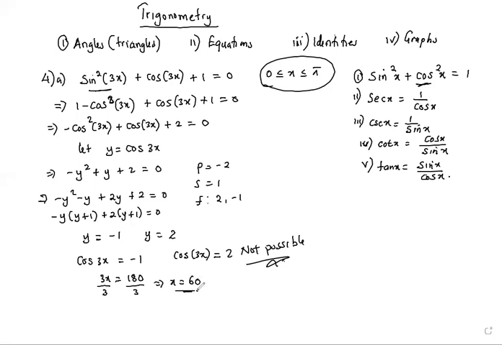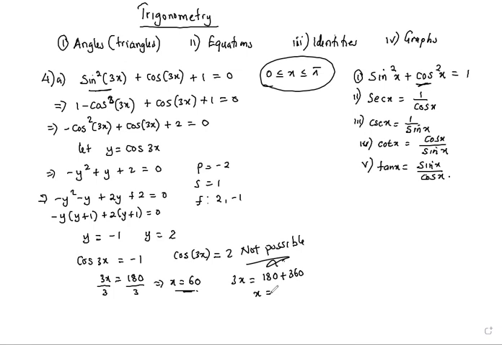So we still have room. You can actually get another angle that is coterminal to 180. So that is 3x is equal to 180 plus 360, because we know when we divide by 3, we will get an angle that is between 0 and 180. Let's try.